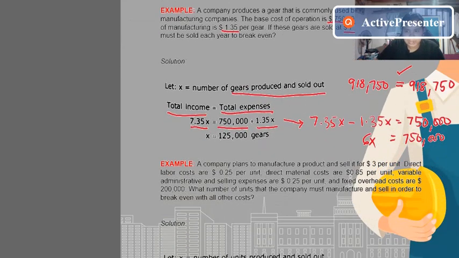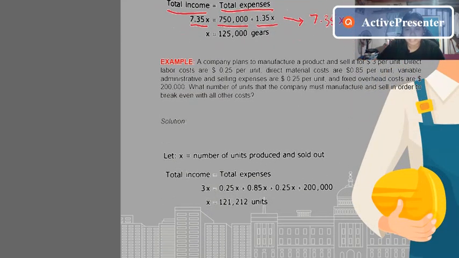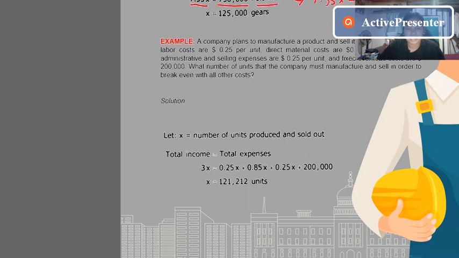So for our last example for our topic on break-even analysis, we have here a company that plans to manufacture a product and sell it for $3 per unit. Direct labor costs are 0.25 per unit. Direct material costs are 0.85 per unit.